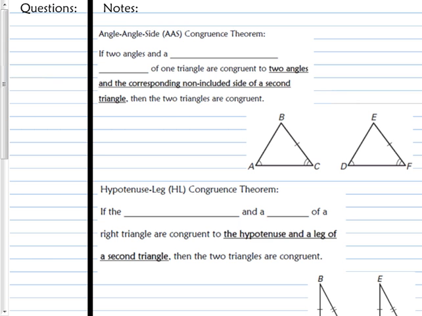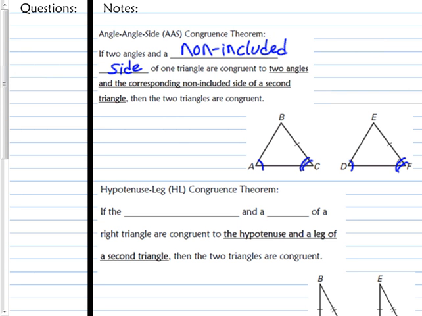First up, the angle angle side congruence theorem states that if two angles and a non-included side of one triangle are congruent to two angles and the corresponding non-included side of a second triangle, then the two triangles are congruent. Notice here, angle A is congruent to angle D, angle C is congruent to angle F. They're already marked for you.